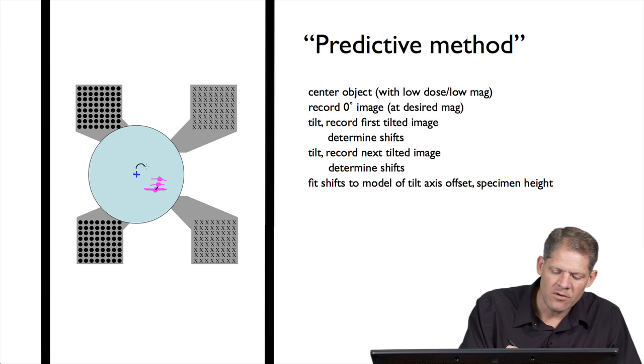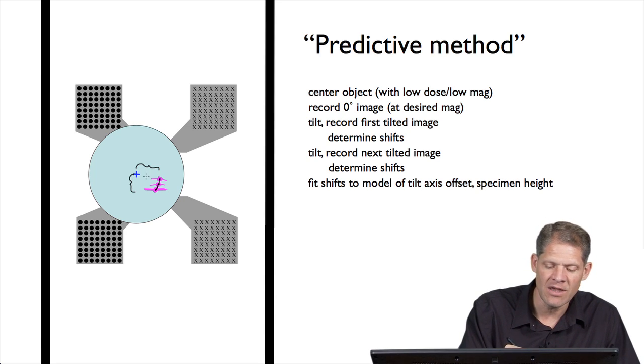And you begin with an estimate of the tilt axis offset. And you can now fit the shifts that you see from here to here to here. You fit it to a model of how you would expect it to move given the tilt axis offset, and then you begin to find the specimen height, or the non-eucentricity, by its movement in the first few images.